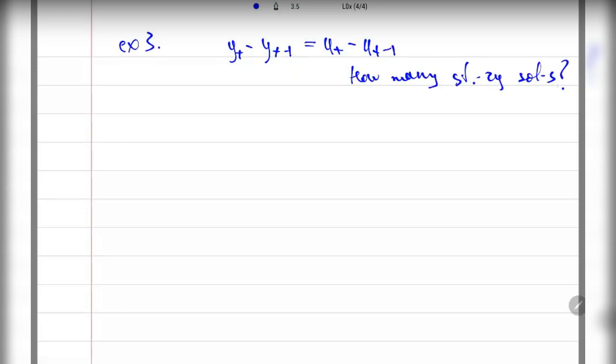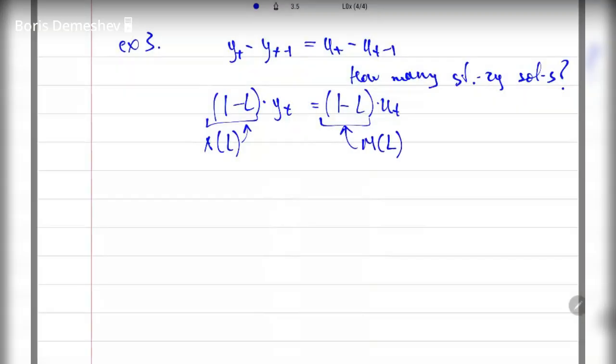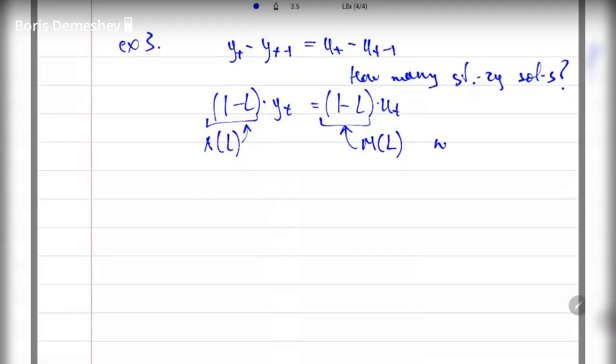Once again, I write it in lag polynomial form. (1 minus L) times y_t equals (1 minus L) times u_t. I see that this is A of L, that is M of L, and obviously they are not coprime. They have the same root. Not coprime. The theorem is not applicable.